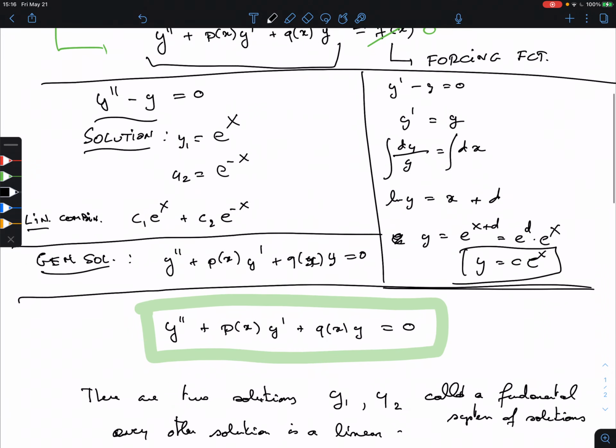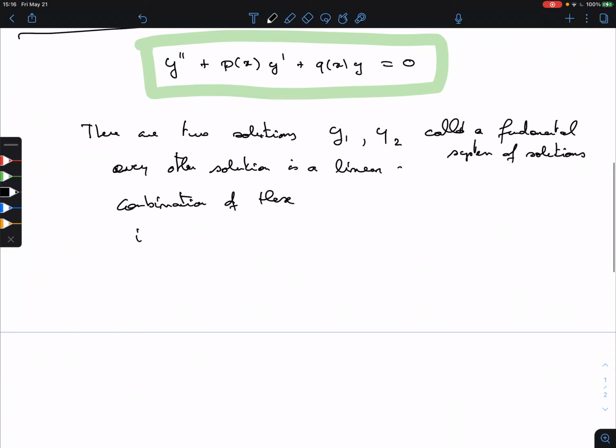Well, we said it's C1 times the first one, C2 times the second one. So in other words, the general solution, the general homogeneous solution, because we're talking about homogeneous, looks like C1 y1 plus C2 y2. Okay?